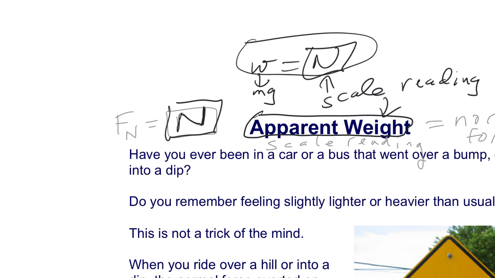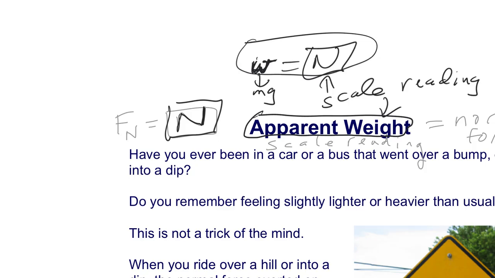Normal force is the surface you're on pushing up on you. Okay, so as you sit in that chair, the chair is pushing up against you with a force equal to your weight. Your weight does not change in a certain location, depending on how fast you go.